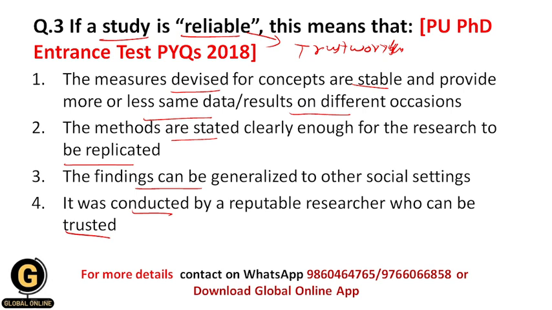It means the measures that we devised, for example any kind of instruments, are stable because they give you stable results on every occasion whenever you do the study. So the measures devised for concepts are stable and provide more or less the same results on different occasions. This means the study is reliable.